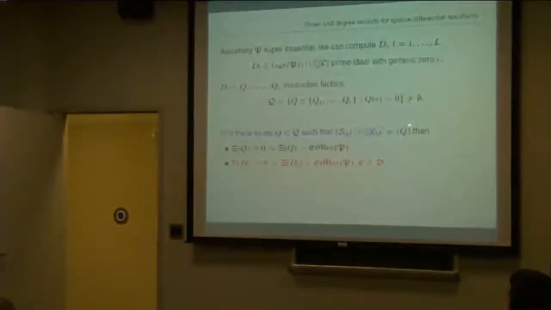But if this irreducible polynomial is the defining polynomial of this elimination ideal, then, given a Q, maybe this Q doesn't need all the polynomials in the algebraic generic system to be obtained through the elimination.